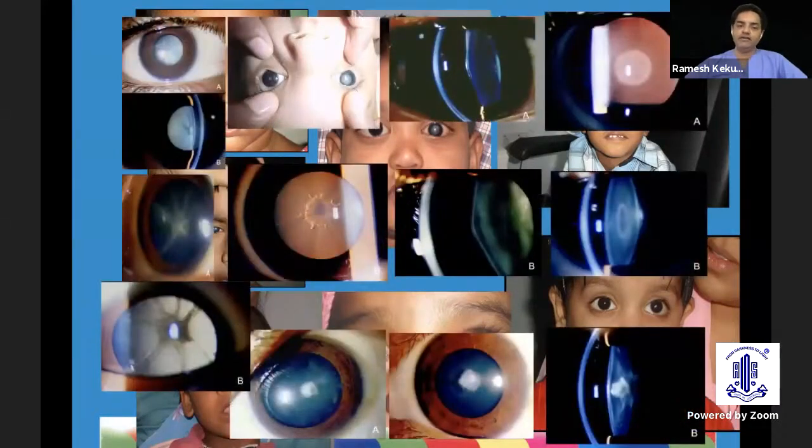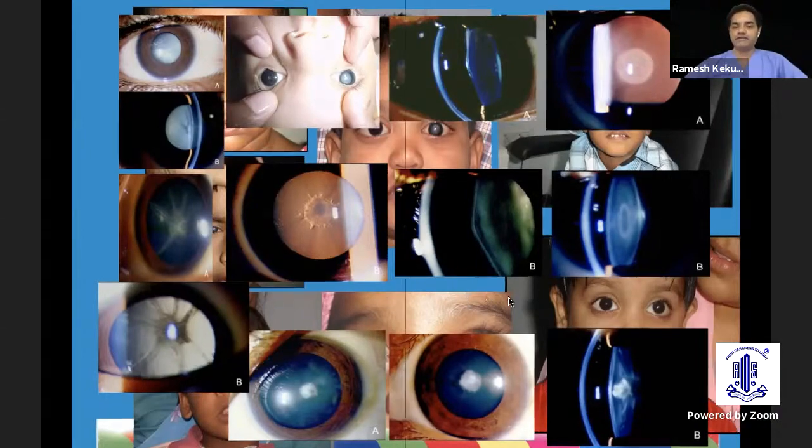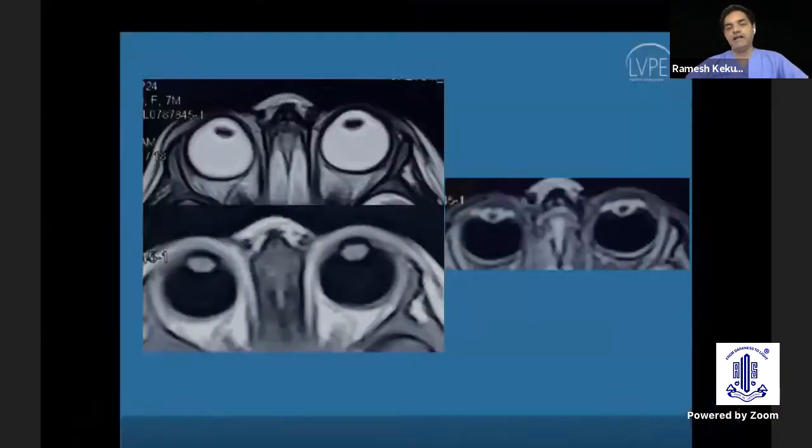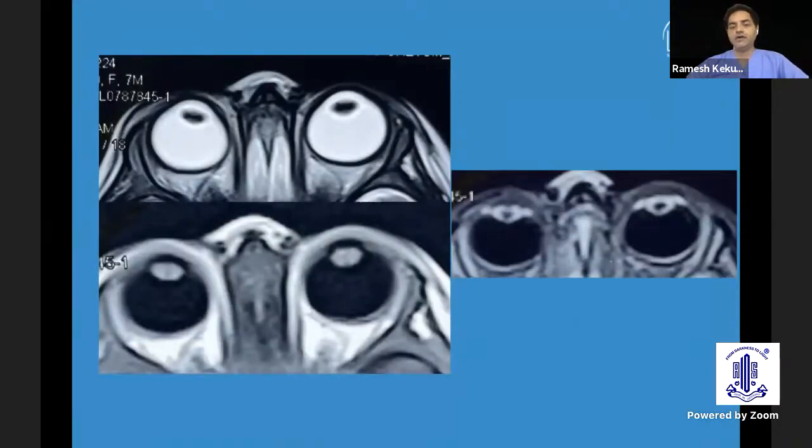And even in terms of morphology, there are many types of cataract, starting from total cataract to near total to partial visual obscuring cataracts. And to add to that, we already discussed the eyeball length or the diameter could be different, and they can have an anterior part of the cataract or posterior part or central, nuclear or total cataracts.